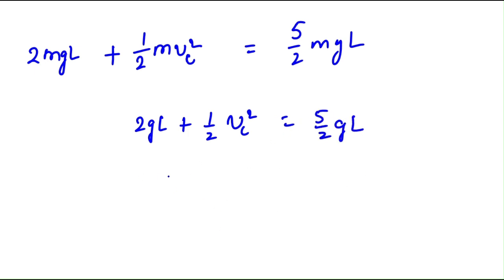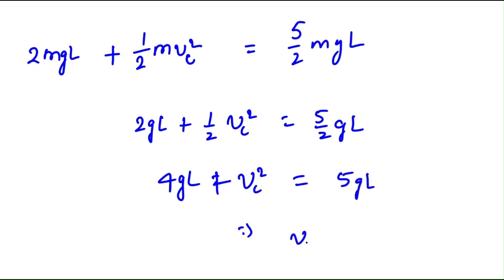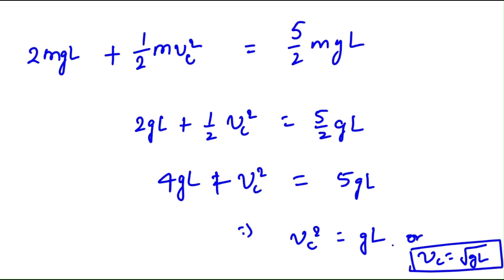Now we can multiply 2. So 4gl plus v_c square equals to 5gl. And from here v_c square equals to gl, or we can write v_c equals to under root gl. Okay. So we have obtained speed at point A, at point B, and at point C.